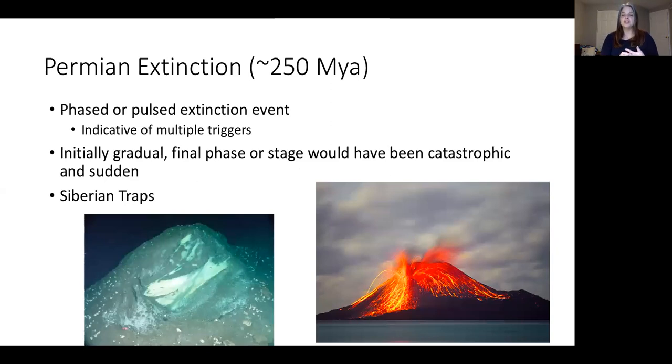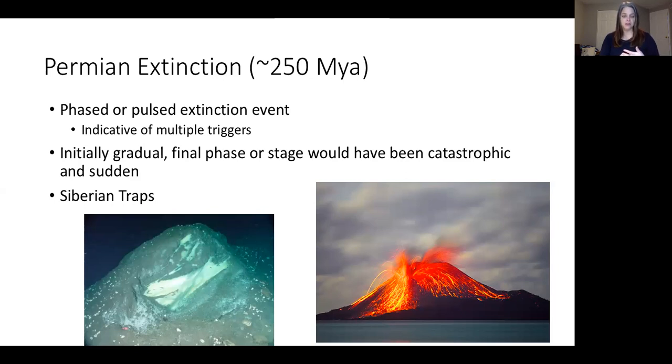So the Permian extinction, this one was massive. This is the one that took out, I'm checking my notes here, 90% of the species that were living on Earth, and it took over 30 million years for life on land to recover. So this was catastrophic, to say the least.